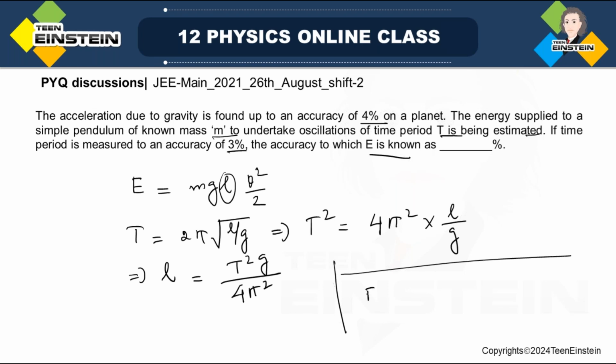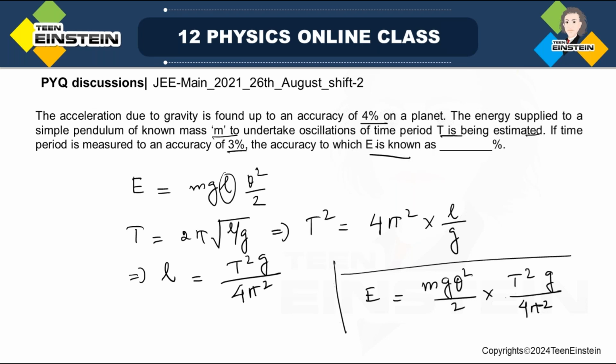I'll get E is equal to mg theta square by 2 into 4 pi square, sorry, T square, G divided by 4 pi square.